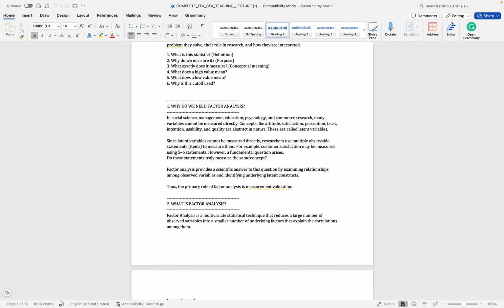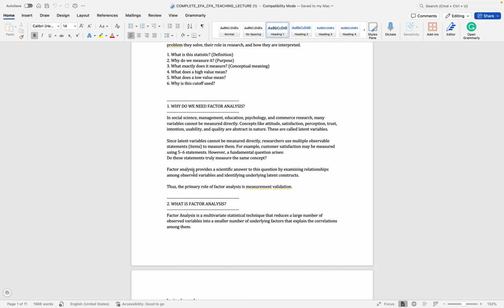First we talk about why we need factor analysis. In social science, management, education, psychology, and commerce research, many variables cannot be measured directly. Concepts like attitude, satisfaction, perception, trust, intention, usability, and quality are abstract in nature. These are called latent variables. Since latent variables cannot be measured directly, researchers use multiple observed statements, that is items, to measure them.